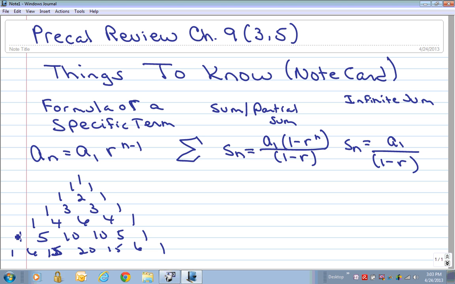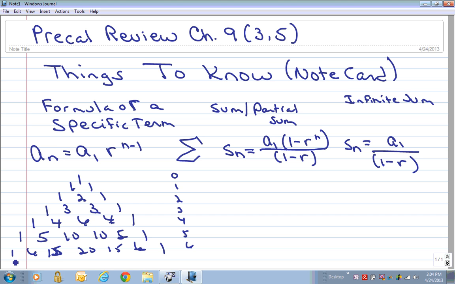Now, a couple things you need to know. This is going to help us when we talk about expanding binomials. The top row is actually row 0, and then this is row 1, 2, 3, 4, 5, 6. If you go 2 numbers in, this is the number that tells you the row number, so that's kind of helpful. And then the terms are also numbered that way.